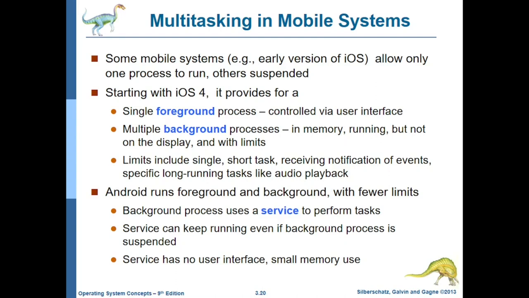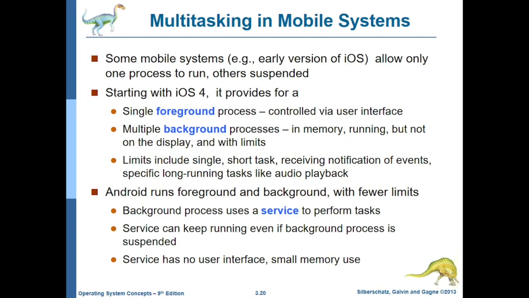However, these background processes have some limits on what they can do and how they can run. For example, they can only execute a short task, receive notification of events, or perform specific long-running tasks like audio playback. These limits are imposed to conserve battery life and memory resources.